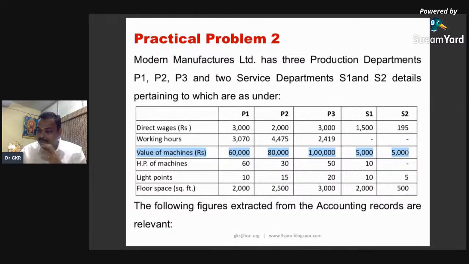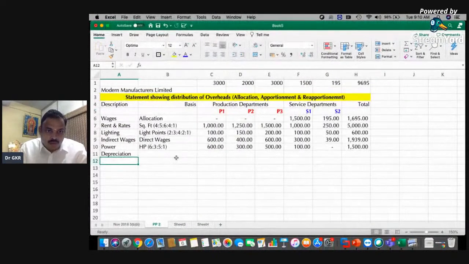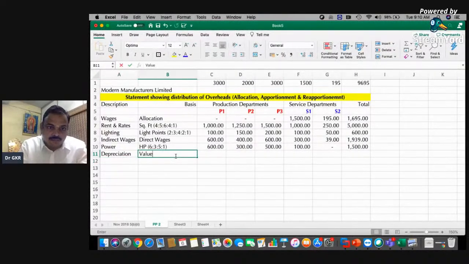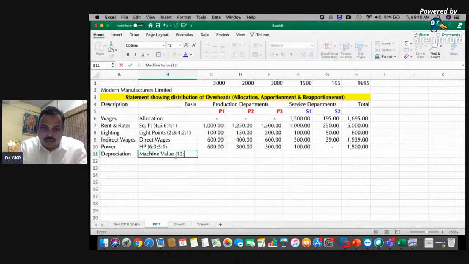So 12 is to 16 is to 20 is to 1 is to 1. So the total is 12 plus 16 is 28, 28 plus 20 is 48, and 50. So 12 by 50, 16 by 50, 20 by 50, 1 by 50, and 1 by 50. So this is the ratio. So this is the value of machine, or machine value.